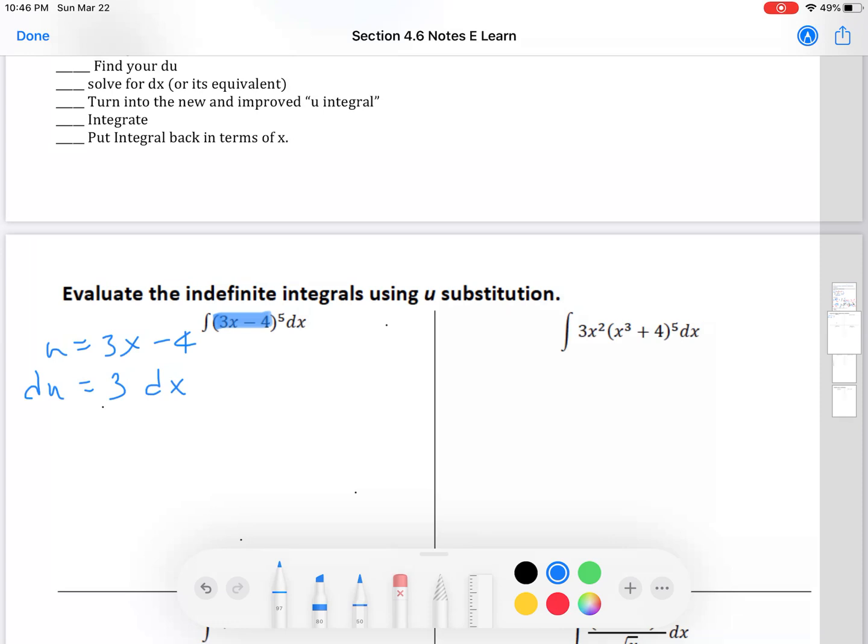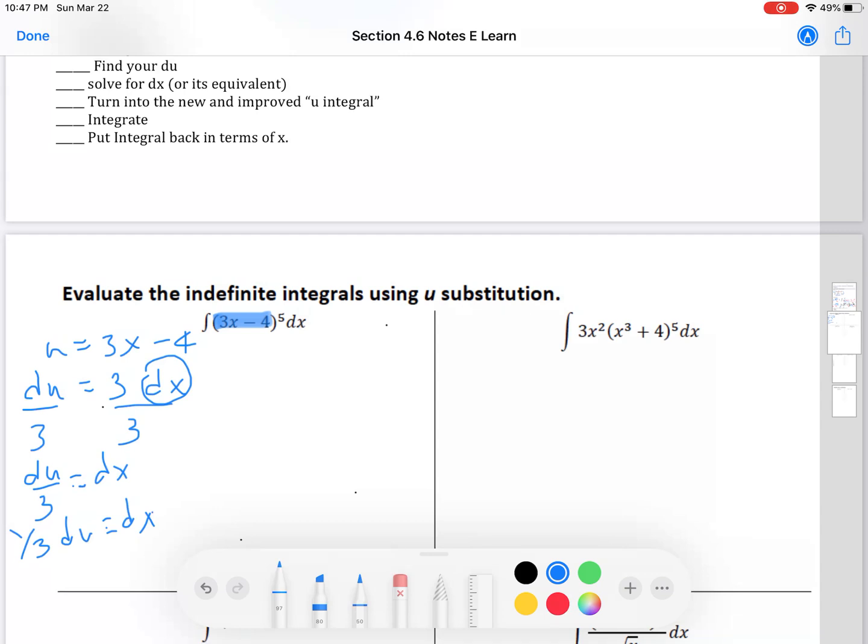Now our goal here is that we want to get dx by itself. So I'm just going to circle that we have this dx. I want to get that by itself, so I'm going to divide by 3. So that's du over 3 equals dx. Now, I like calling this a little bit better, 1/3 du. That's equal to dx.